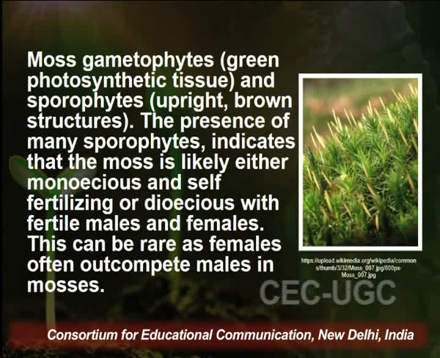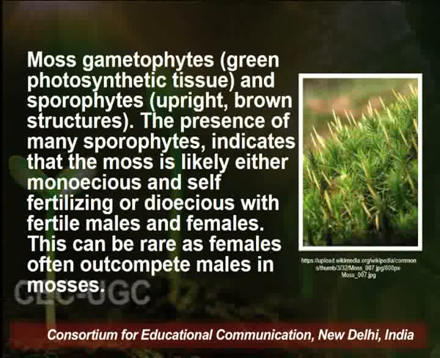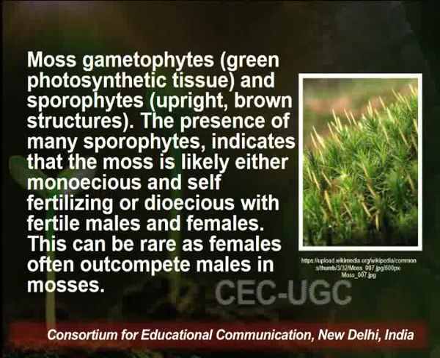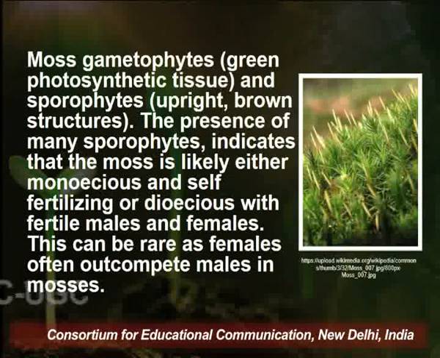If we look at the screens, we see a tuft of a moss, and in this case the green cushion is comprised of the gametophytes, which are upright, and the sporophytes are also visible as the upright brown structures.